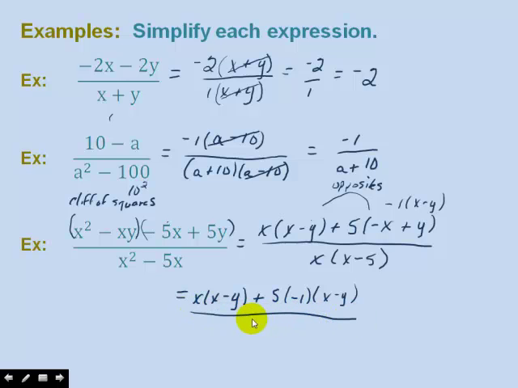And in the denominator we have x times x minus 5. Okay, so let's rewrite this one more time on the top. Let's just multiply the 5 times the negative 1, which gives us a negative 5. So we have negative 5 times x minus y.